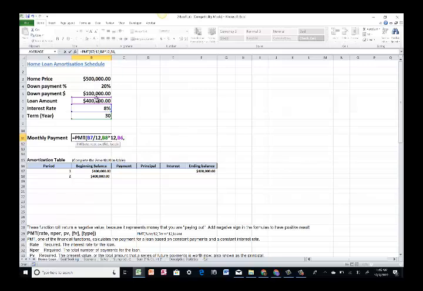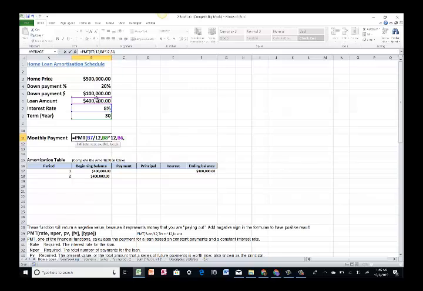The last argument is also optional, and it's the type of the payment, which is based on when the loan is paid, at the beginning of the month or any other date. If you omit this argument, it assumes the beginning of the month, which is right for home loan payments.